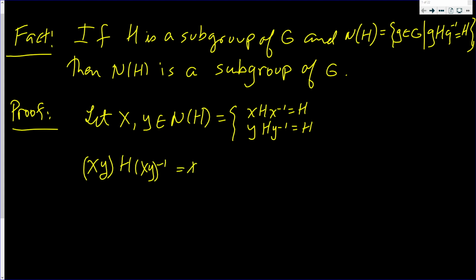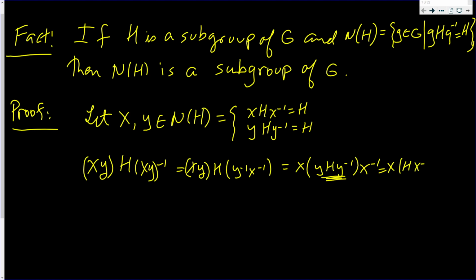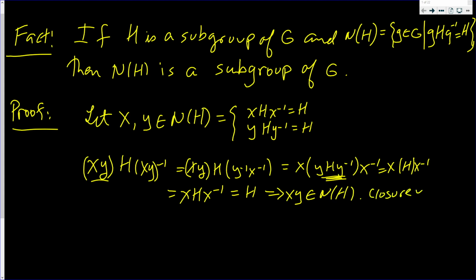Well, this is the same as XY times H times Y inverse X inverse, but that's the same using the associative property as X times (Y H Y inverse) times X inverse, but that's H because Y is in N of H. So this is equal to X times H times X inverse, which is equal to H because X is an element of N of H. So I showed that XY is in N of H. That is, we have closure.